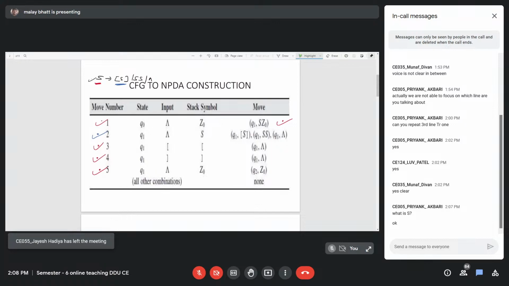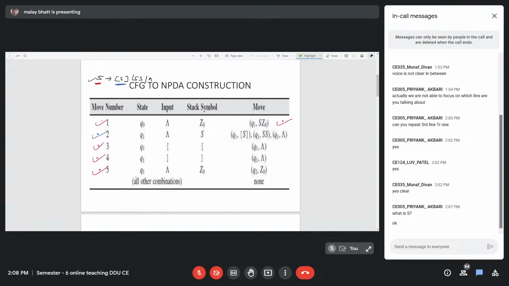It is a fixed step. Always we have to write this. S will be the starting symbol of the grammar. Whatever starting symbol we are using, we have to write that. We are pushing the starting symbol of the grammar on the stack. Our state will be the Q1 state.